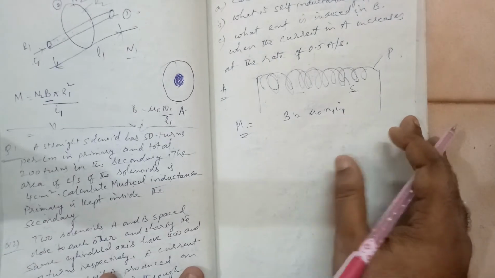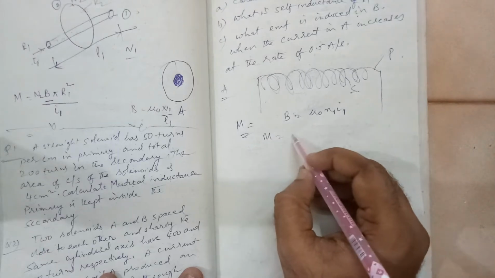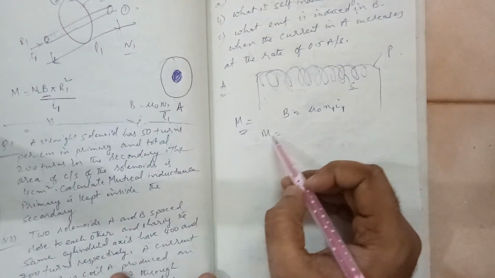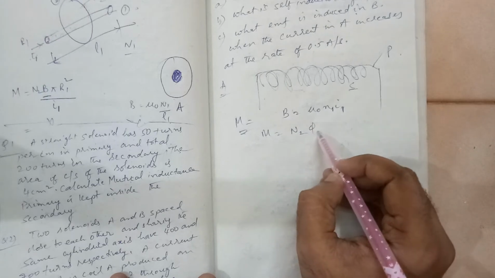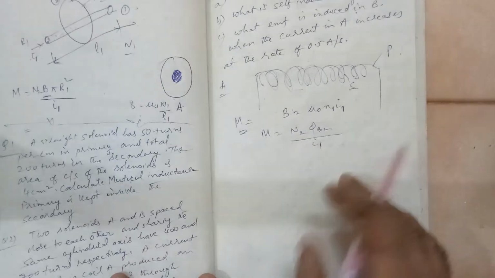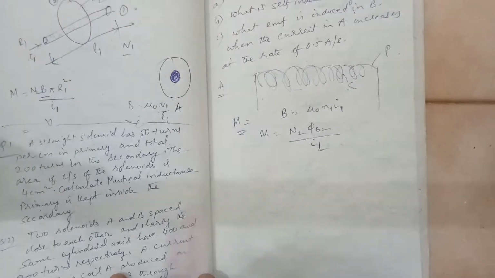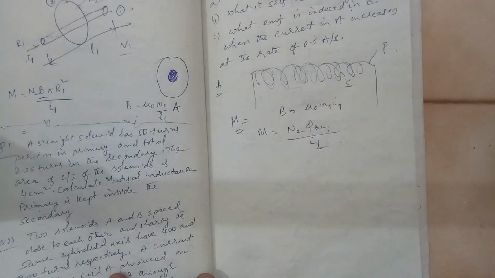For finding out mutual inductance, what is the formula? The formula is M = N2 phi B2 by I1. Suffix 1 here is primary and suffix 2 belongs to the secondary.